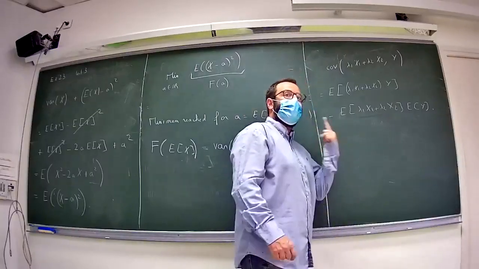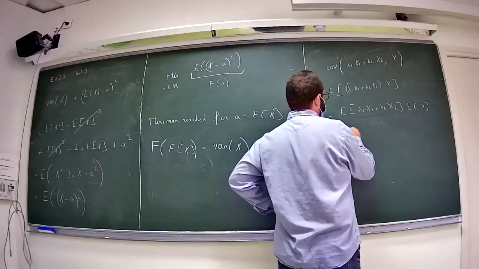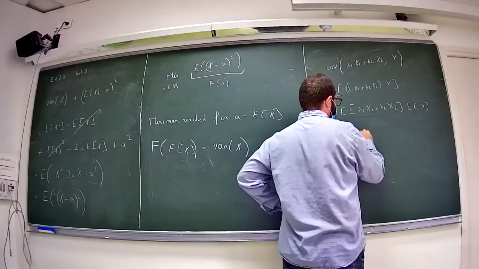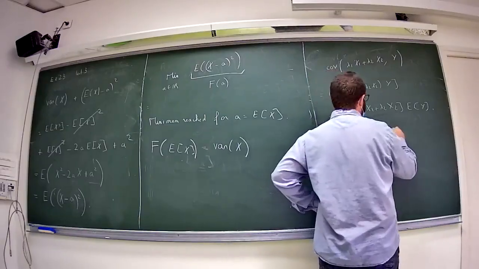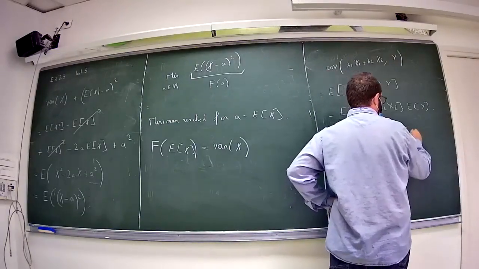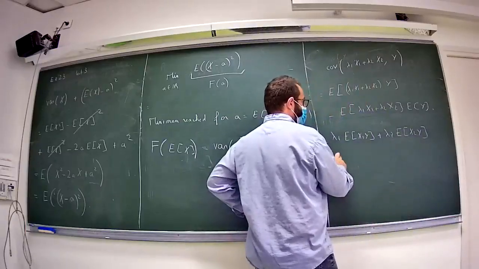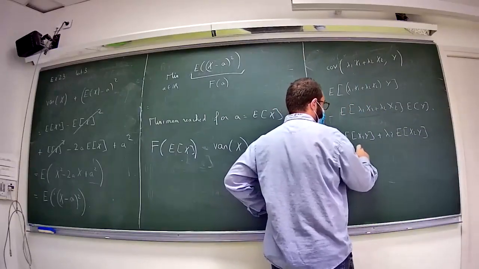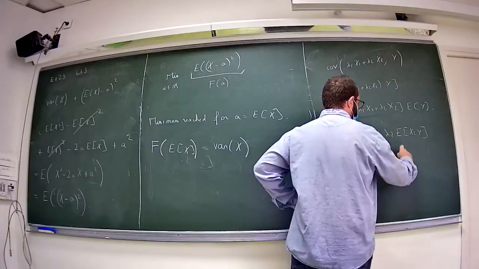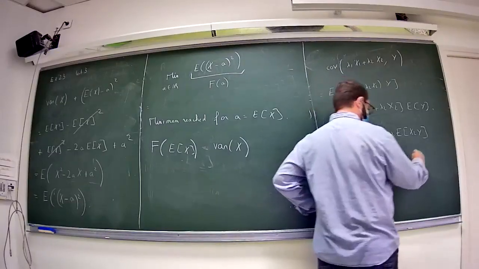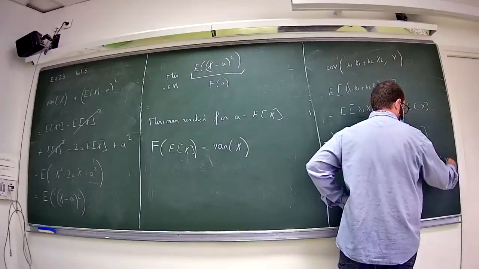Using the linearity of the expectation, I obtain lambda 1 expectation of x1 y plus lambda 2 expectation of x2 y minus lambda 1 expectation of x1 expectation of y minus lambda 2 expectation of x2 expectation of y.